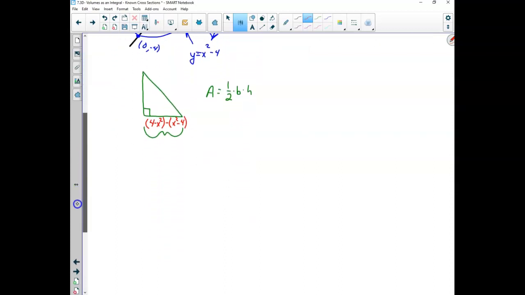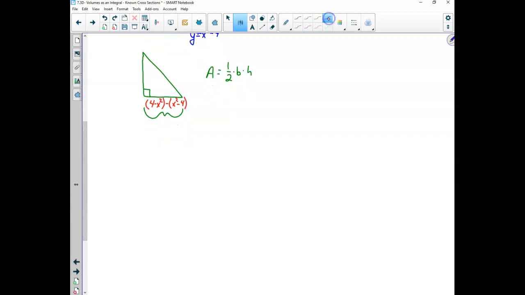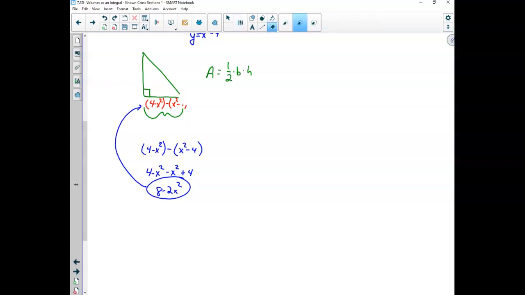And if I simplify that a little bit, where I take 4 minus x squared minus x squared minus 4, that's really 4 minus x squared minus x squared plus 4. It's really 8 minus 2x squared. That is how long that side is right there.